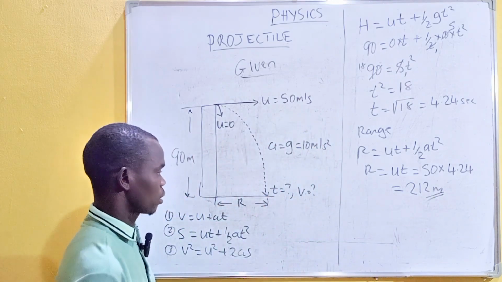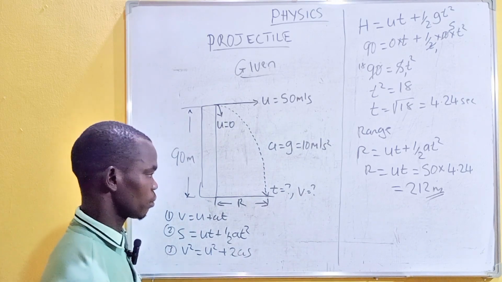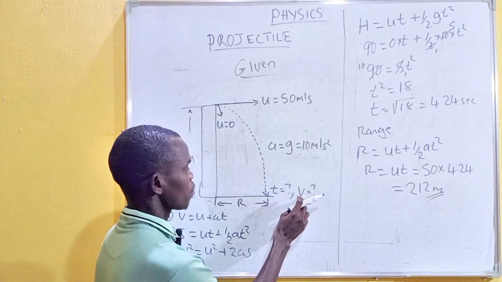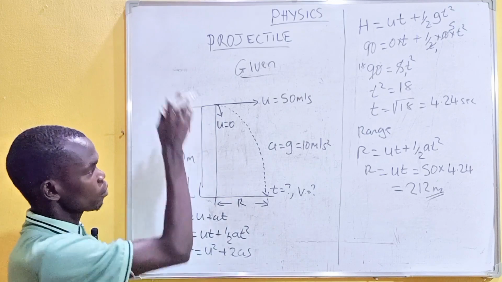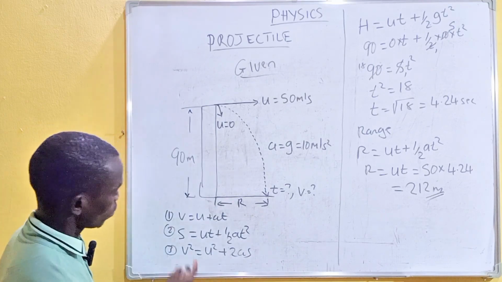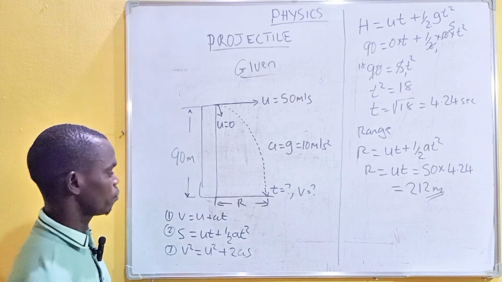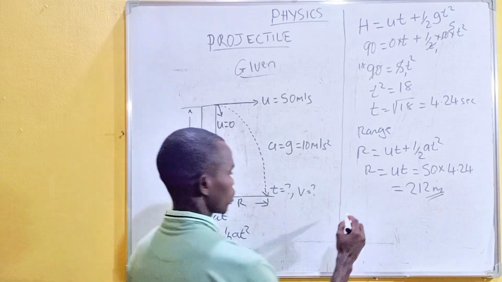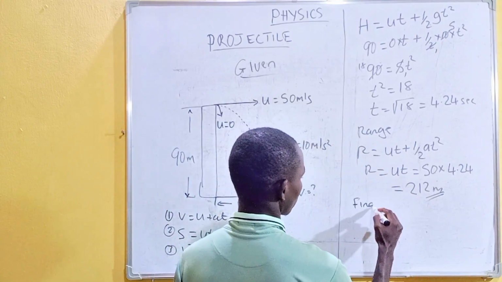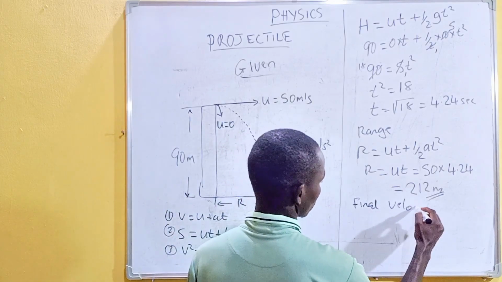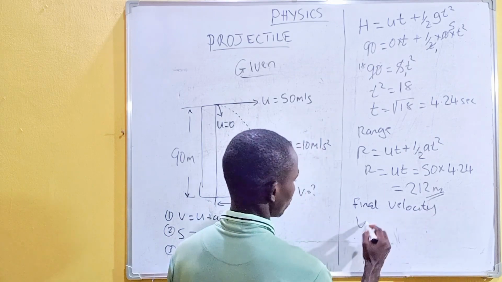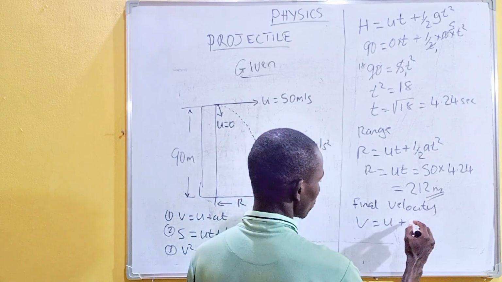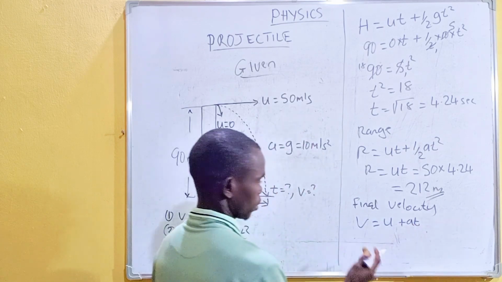The final one is the final velocity. To find our final velocity, since we are considering the vertical aspect, we can use this. So final velocity v is equal to u plus at.